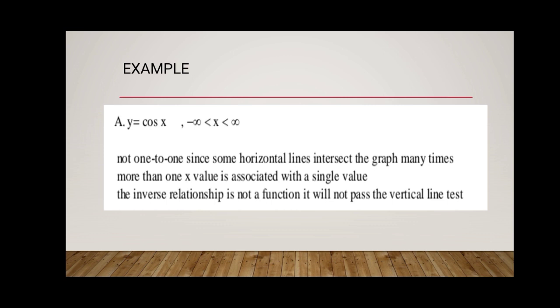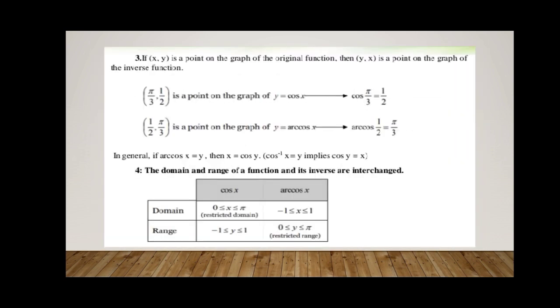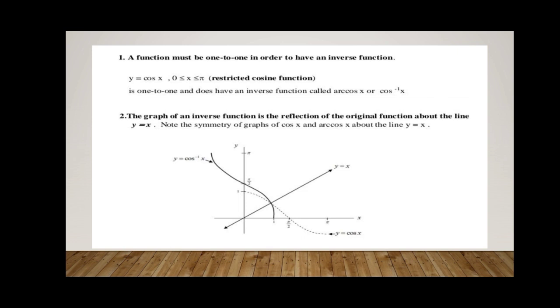More than one x value is associated with a single y value. The inverse relationship is not a function; it will not pass the vertical line test. As we can see in the graph, a function must be one-to-one in order to have an inverse function.